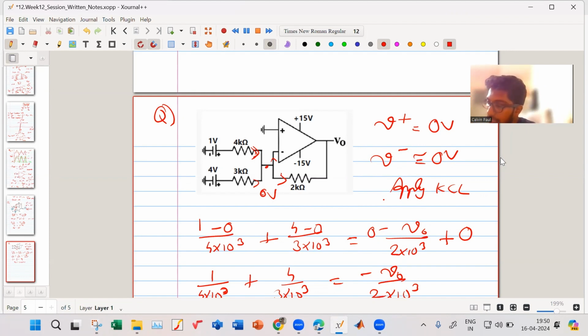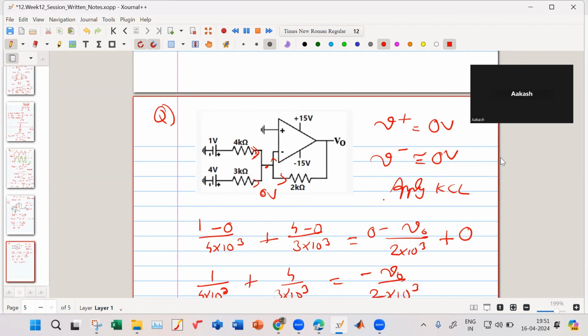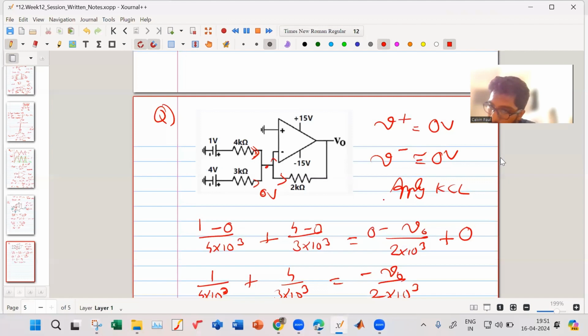So if you look at this circuit, at the positive terminal you have 0 volt. At the negative terminal you have some voltage. It is not exactly 0, but it is some particular voltage.